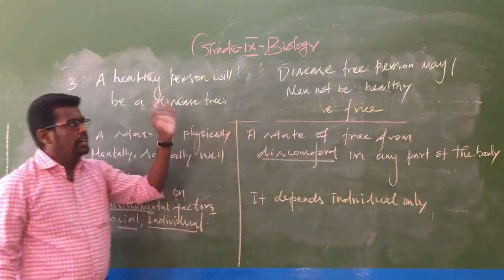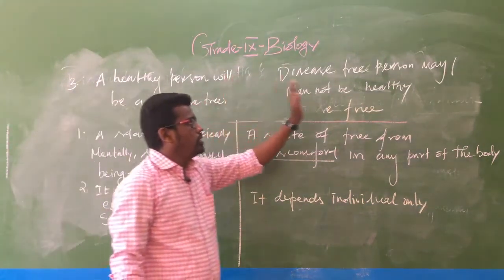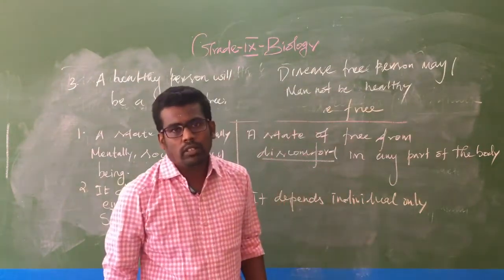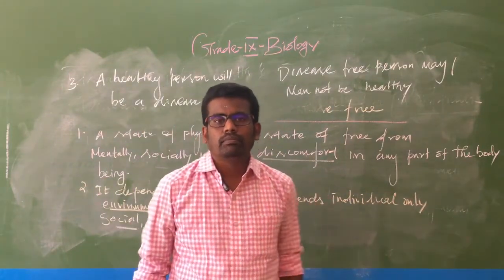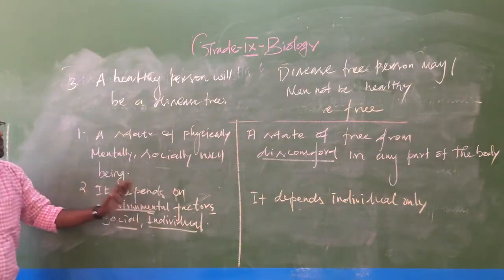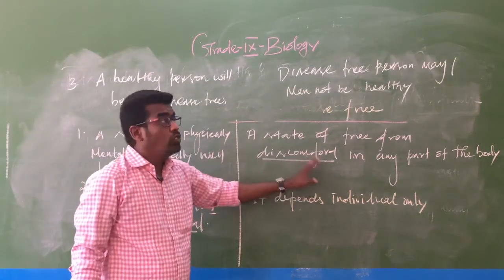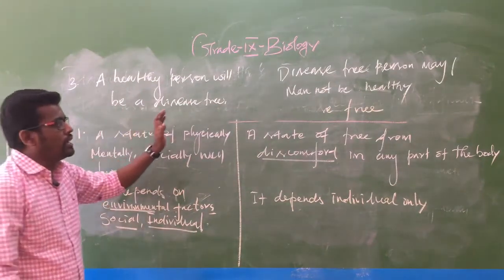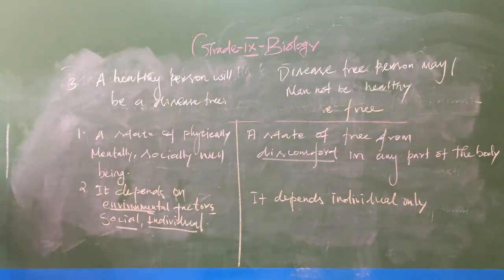A healthy person must be disease free, but a disease-free person may or may not be healthy. Sometimes a disease-free person may have some nutritional deficiency. So this differentiation between healthy and disease free is very important. It is a 3-mark question: differentiate between healthy and disease free. Both are different.